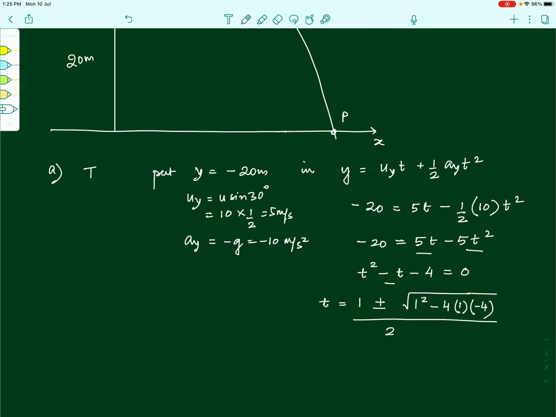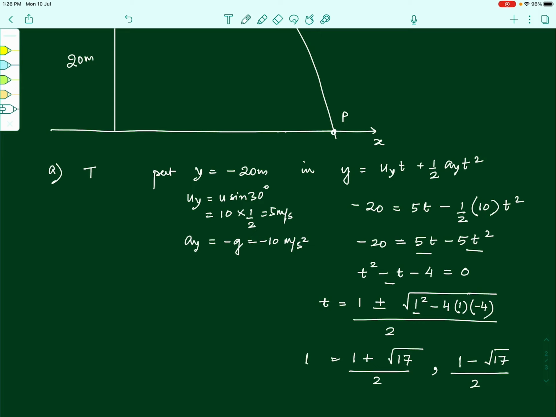So, this is what we are getting. See that this expression will give us two values of t, 1 plus, and within the square root we will have 1 plus 16, that is root 17, divided by 2, this is one root, and the other root with a minus sign, 1 minus root 17 by 2.